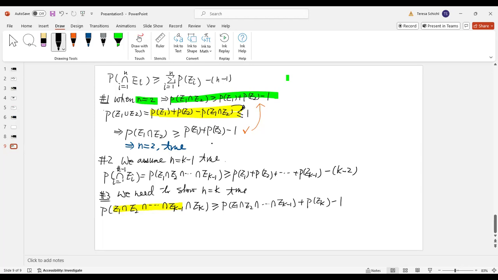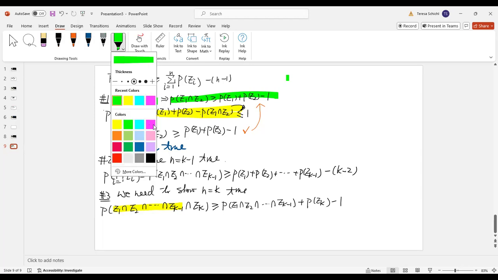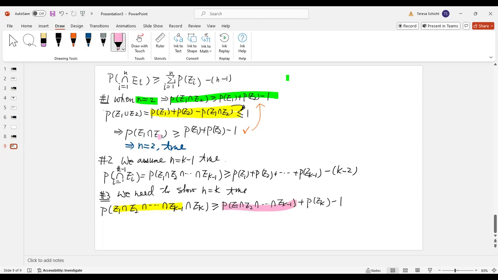For the probability of E1 intersect E2 all the way to E(k minus 1), we just assumed this is true, so it is greater than or equal to the probability of E1 plus the probability of E2, all the way to the probability of E(k minus 1), minus (k minus 2), then plus P(Ek).